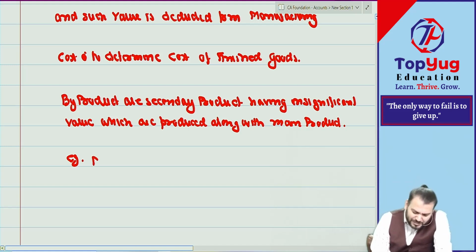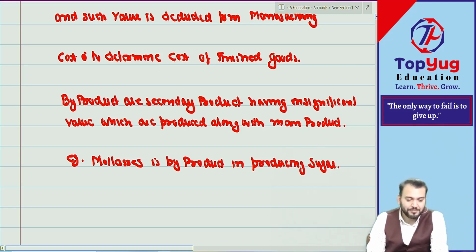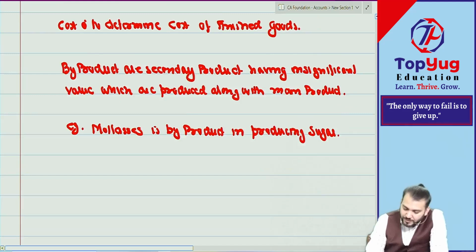The best example is also given in the book. I'm just giving examples so that if a theory question is asked, you can answer. Molasses is a byproduct in producing what? Sugar from sugarcane. Correct?